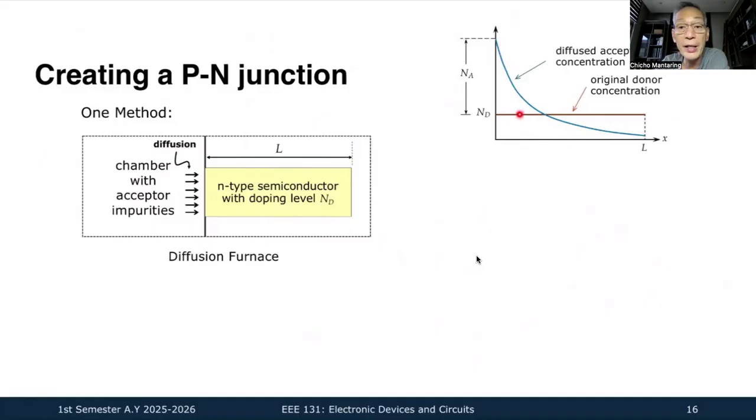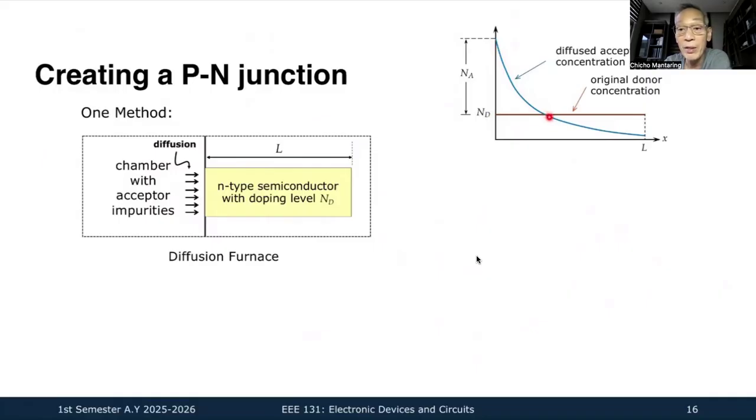And then this is the acceptor concentration that is introduced by this diffusion. Expect these impurity atoms to diffuse. At some point, the number of diffused acceptor impurities will equal the number of donor impurities that were originally in the semiconductor.